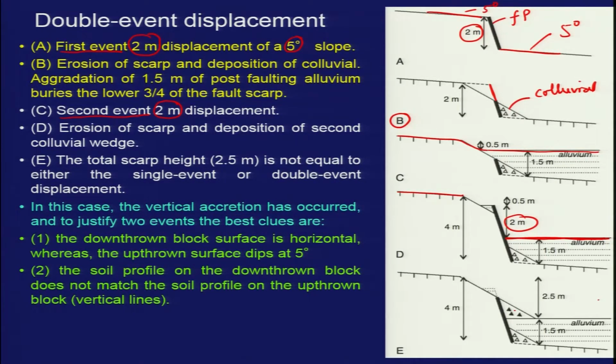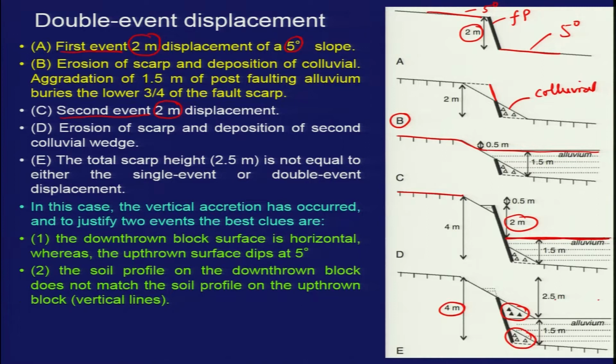And if you look at the colluvial wedges here, colluvial 1 and colluvial 2, this is the older one and this is the younger one, that also helps in justifying that this 4 meters is the result of two events and not a single event.